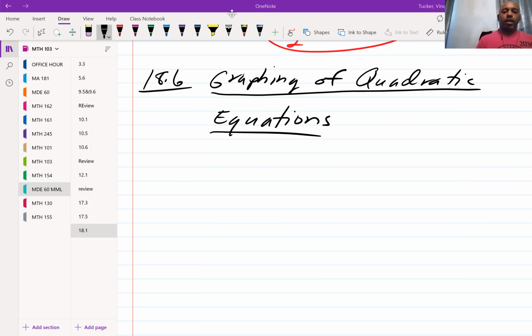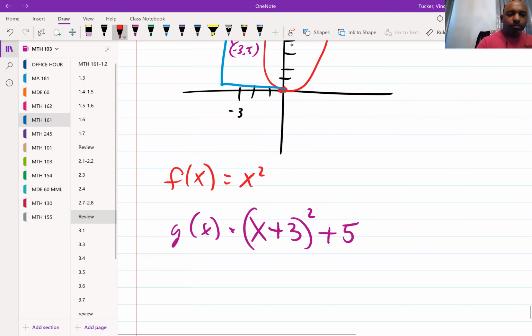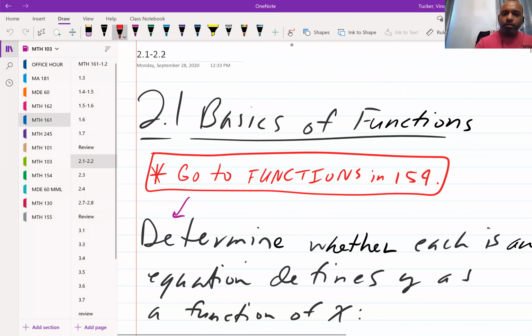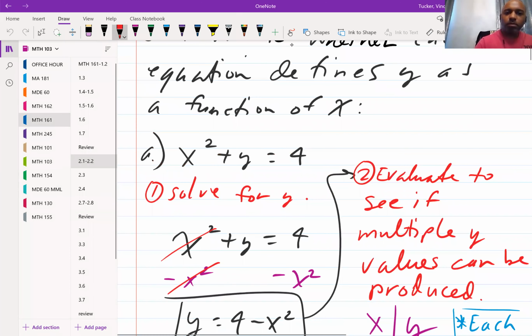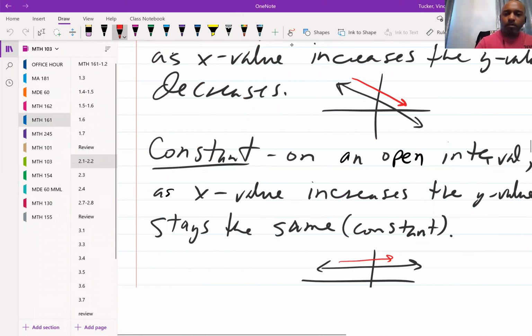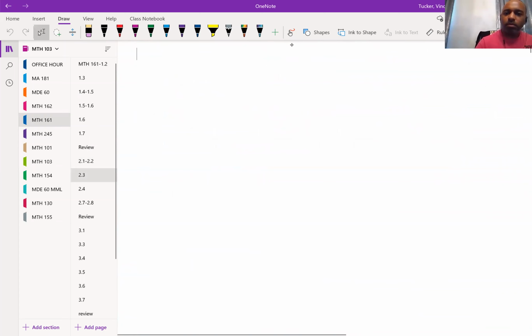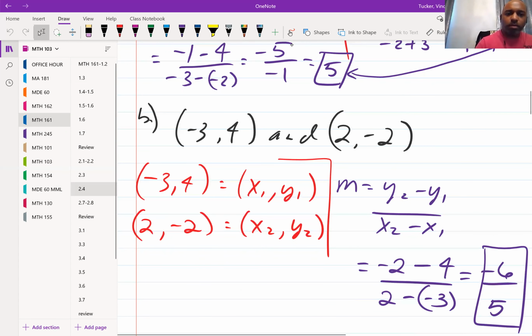All right, so we're looking at graphing of quadratic equations. Let's see where we're going first. Find a vertex. Let's see what section this is. I think it's like 2.1. Maybe it's in chapter 3.